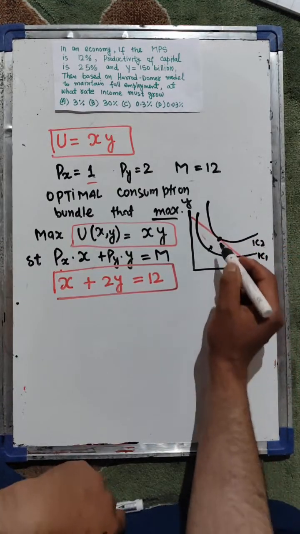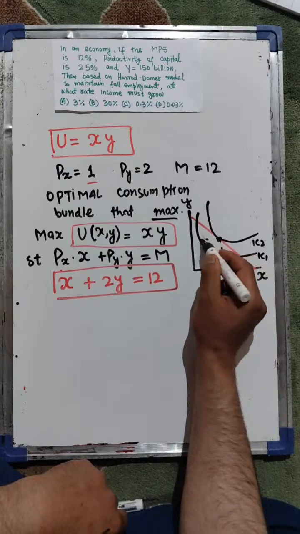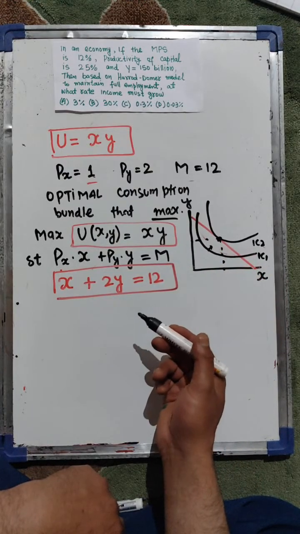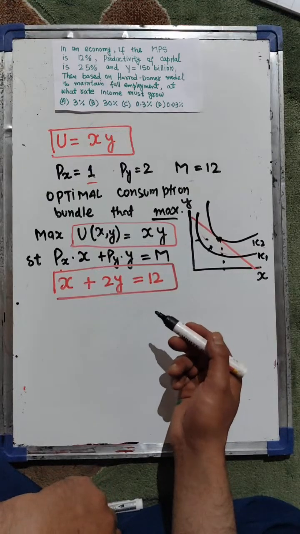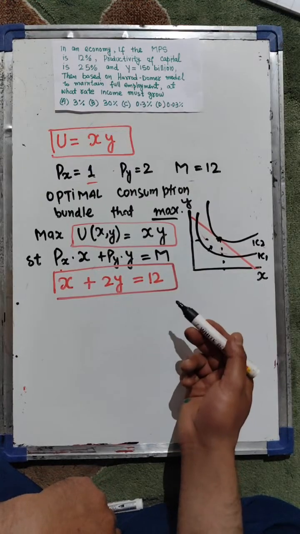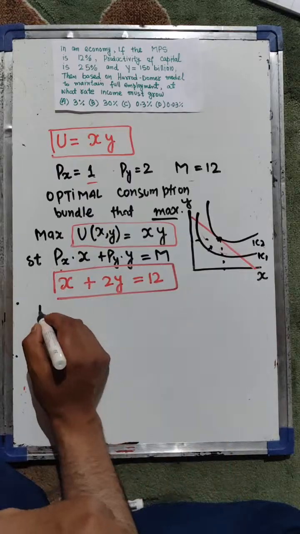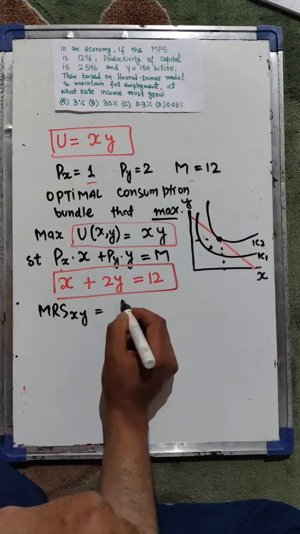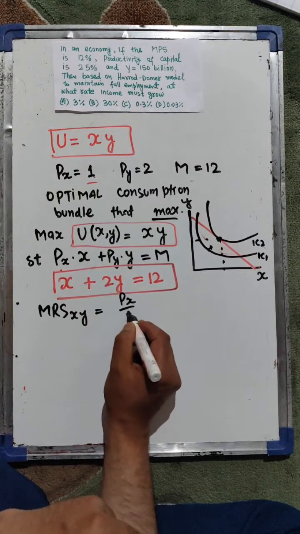So if we solve it using tangency condition, that means to find out the optimal consumption bundle, the consumer will equate the marginal rate of substitution between good x and y with the ratio of the prices, price of x upon price of y.